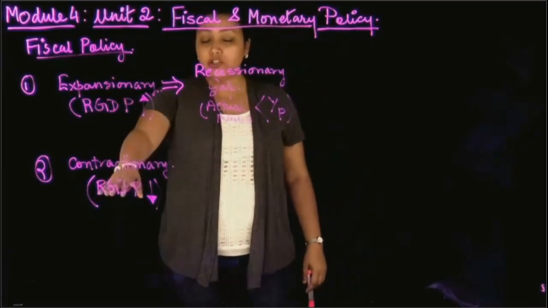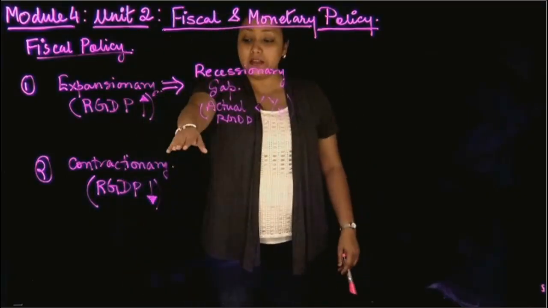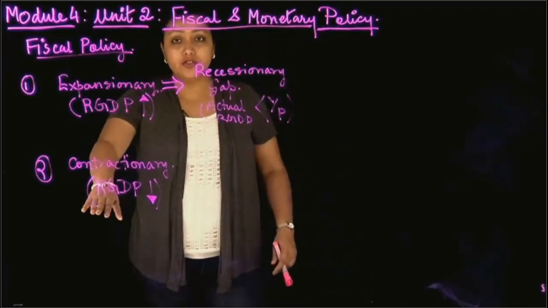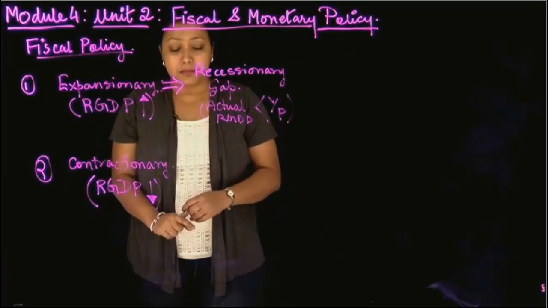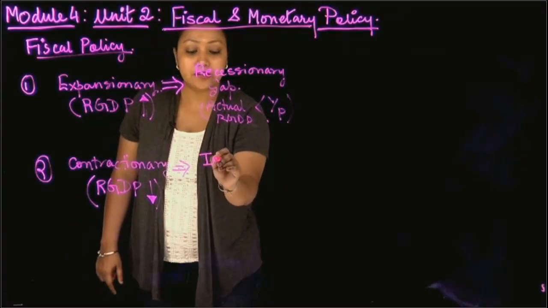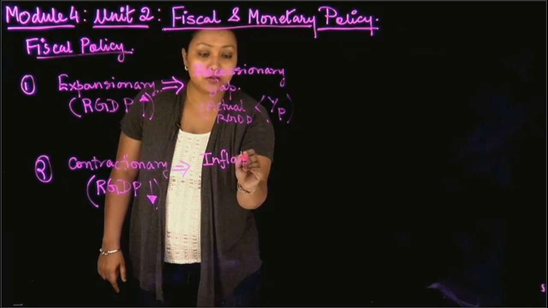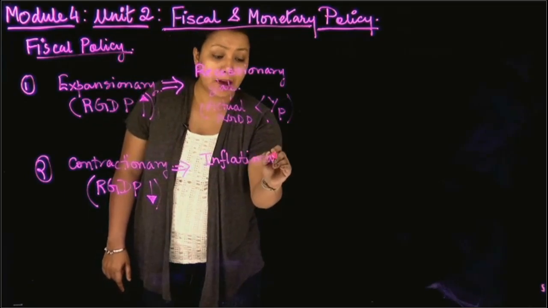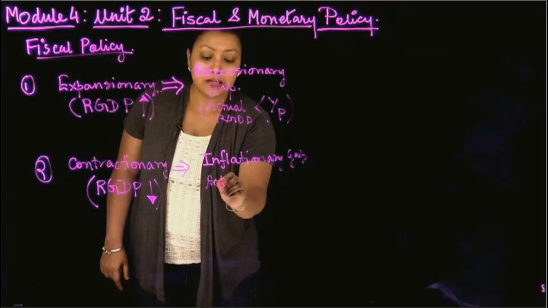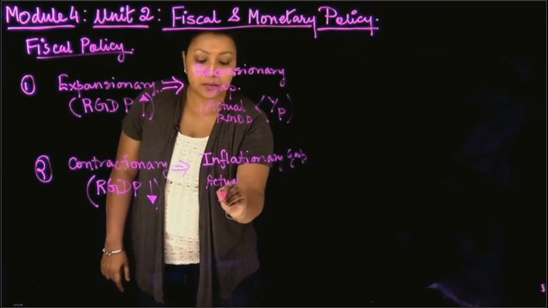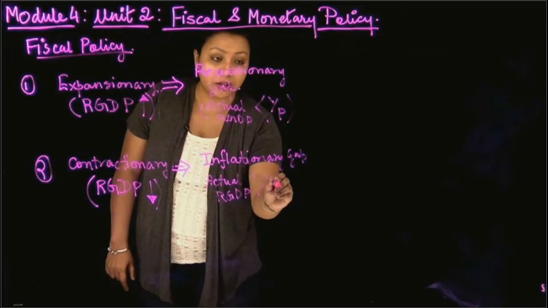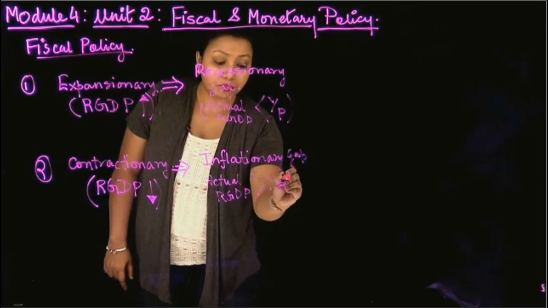Now coming to contractionary fiscal policy, it means that the real GDP decreases, and that kind of policy would be appropriate whenever there is an inflationary gap. Because in case of an inflationary gap, the actual real GDP is greater than the potential real GDP, YP.